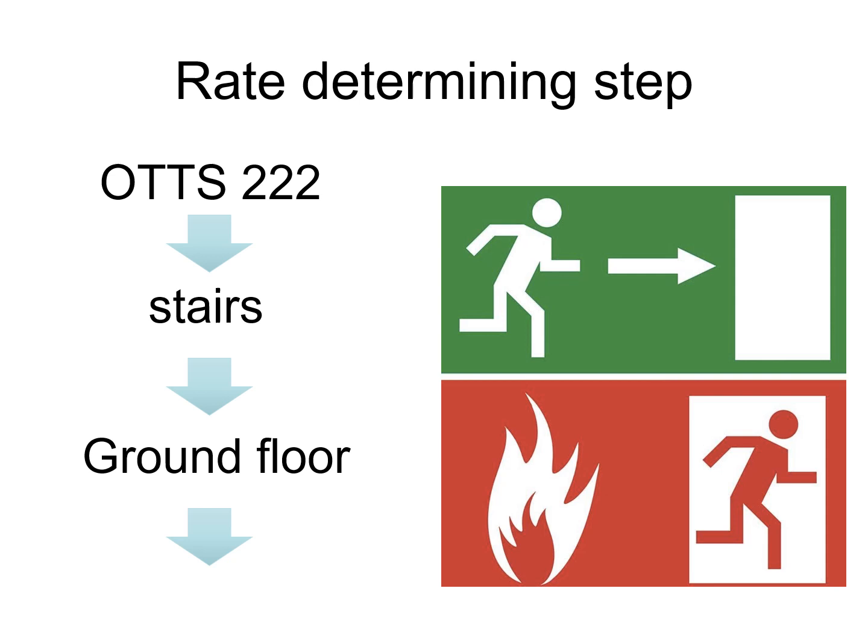The only way to improve would be to make faster the bottleneck of the process. That would be the door downstairs. So the door downstairs is the rate determining step. How much time is going to take us to go through that door is going to determine how much is going to take us to get out of the building.